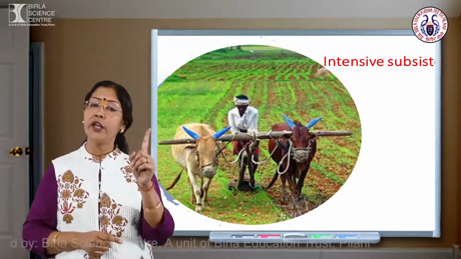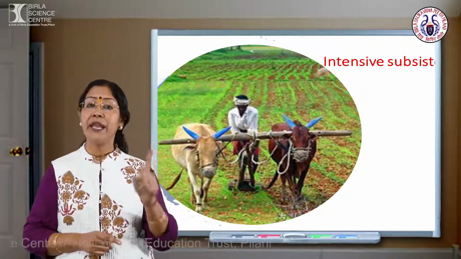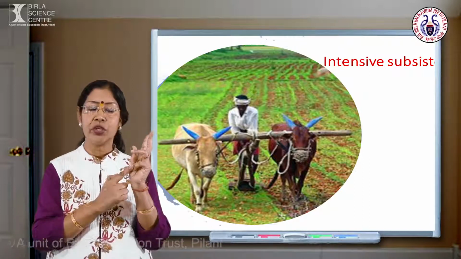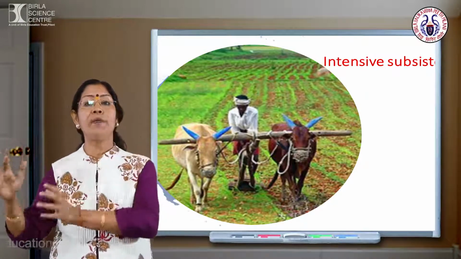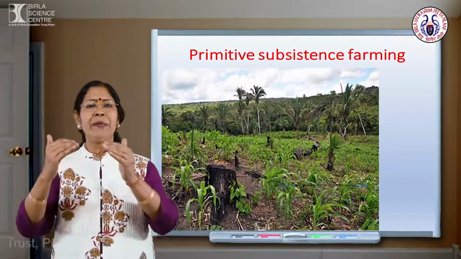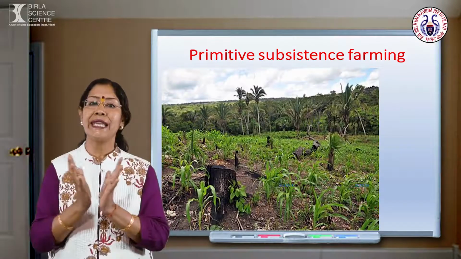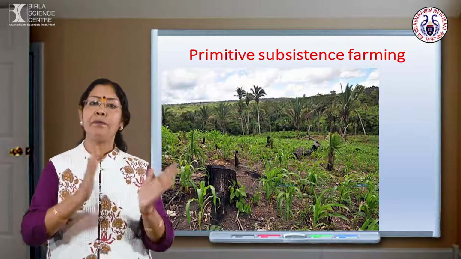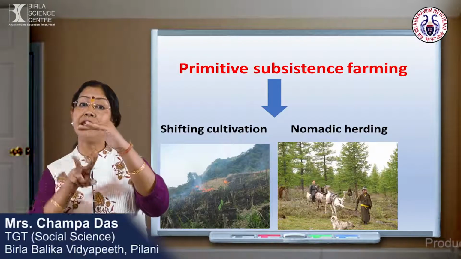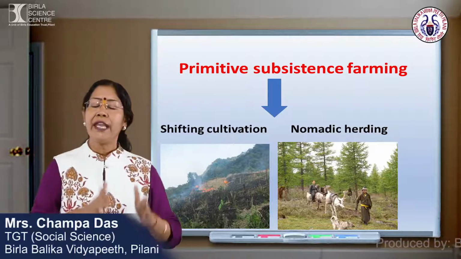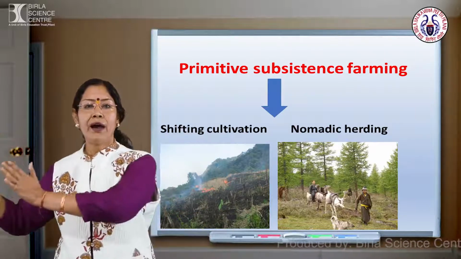Yearly, they get more than one crop, and it depends on the right climate, soil as well as rainfall or other means of irrigation. Primitive subsistence farming: this is also a small scale farming of primitive nature. This primitive subsistence farming is again divided into two. They are shifting cultivation and nomadic herding.